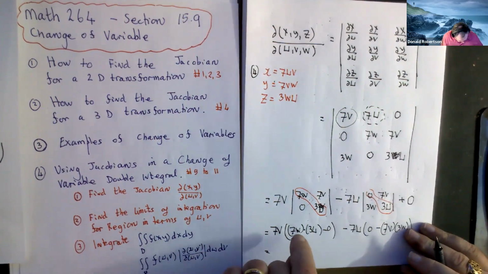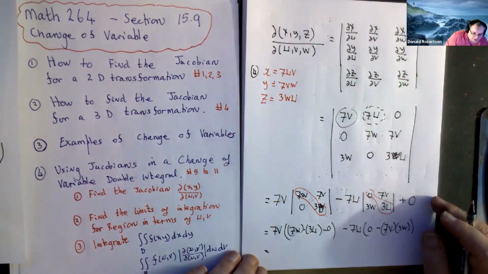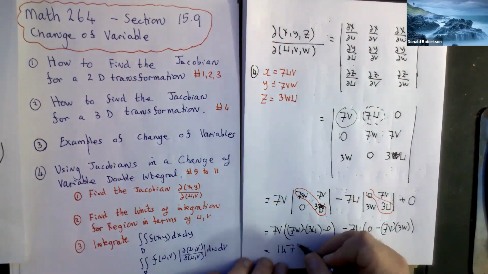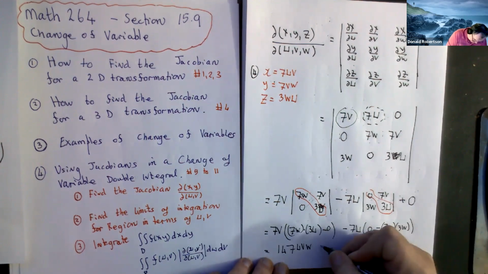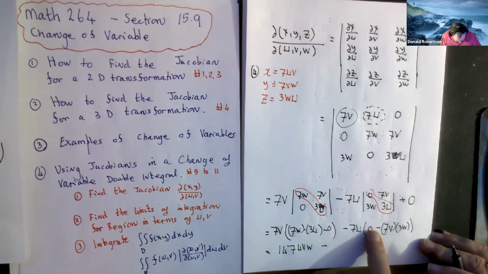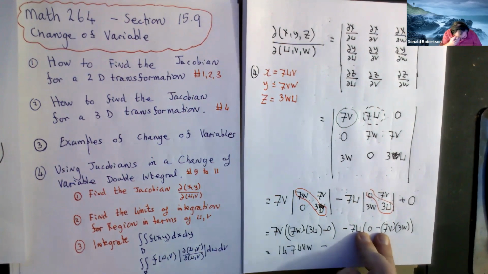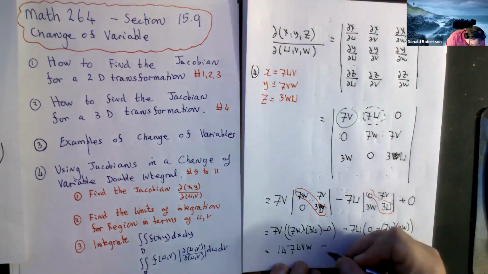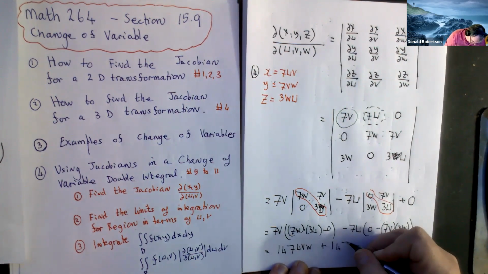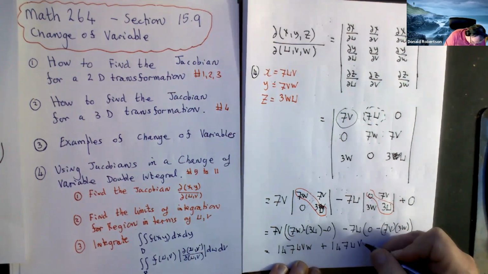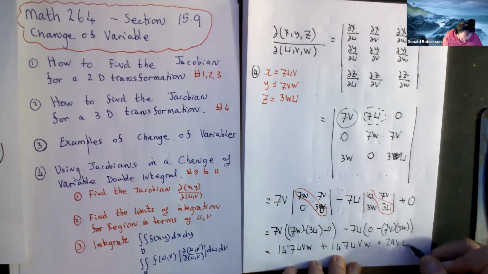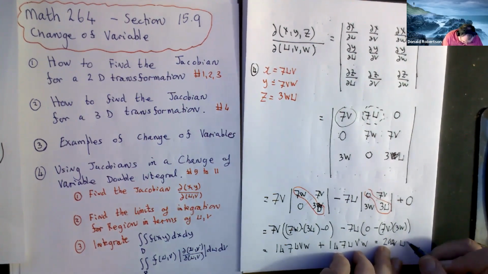We get a 7 times a 7 times a 3, so that's 3 49s. That's 150, take away 3, so that's 147 uvw. Take away that guy times that guy, 2 negatives make it a plus, so it's plus 49 times 3, which is 147 uvw. So you get 294 uvw. Try it again.